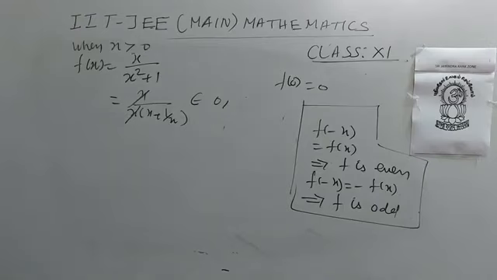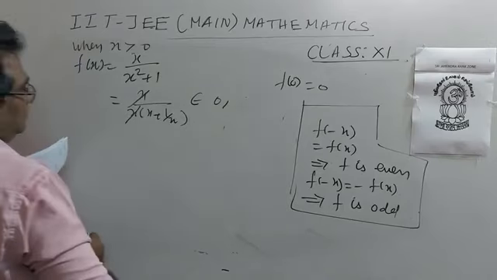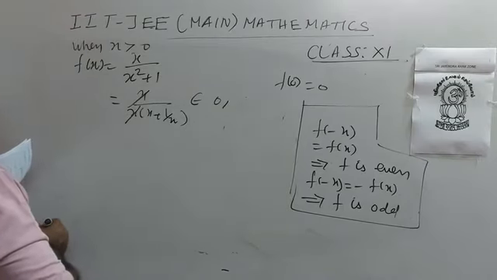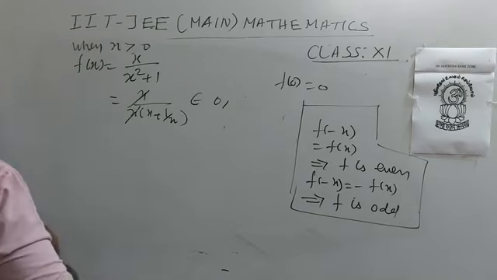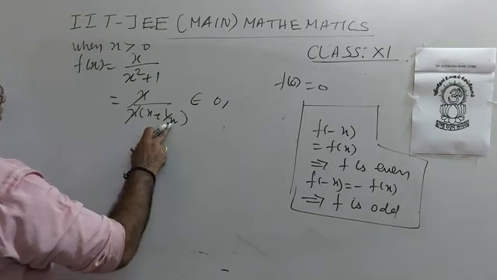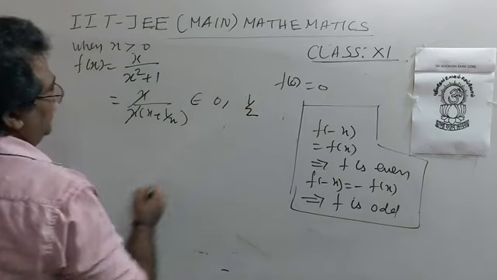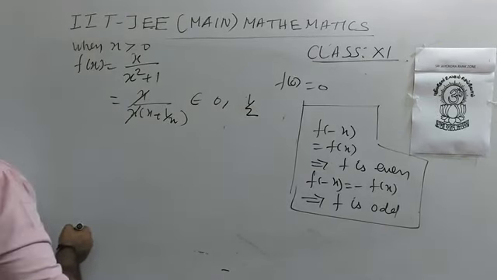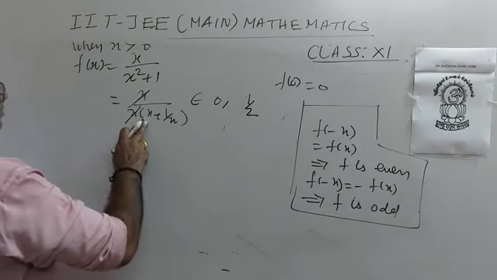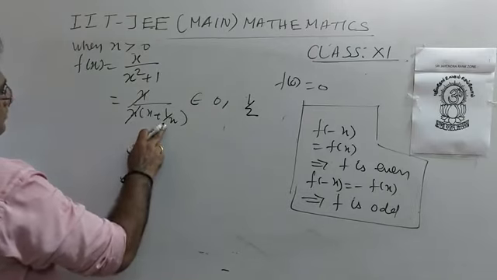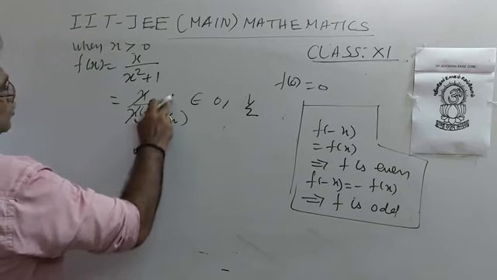You take any value. When x takes 1, 1 by (1 plus 1), that is 1 by 2. Suppose take 2, 2 by (4 plus 1), that is 2 by 5.